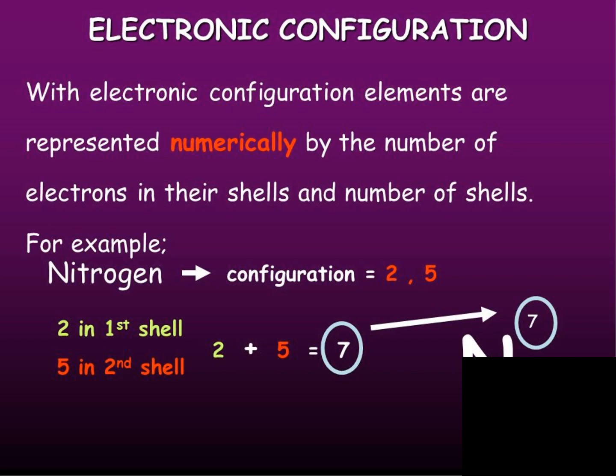So for nitrogen, atomic number 7, the configuration is 1s2, 2s2, 2p3. The s orbital will have 2 electrons, the p orbital will have 3 electrons. So the valence electronic configuration is ns2 np3.